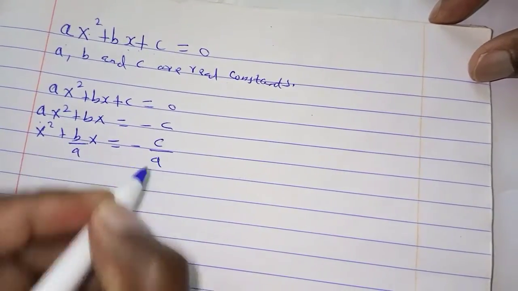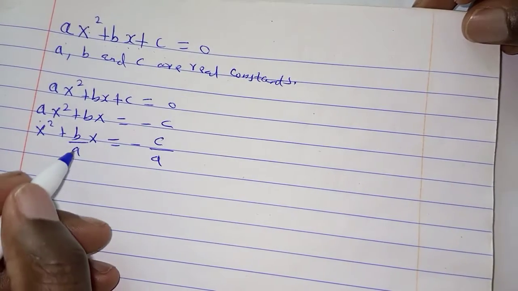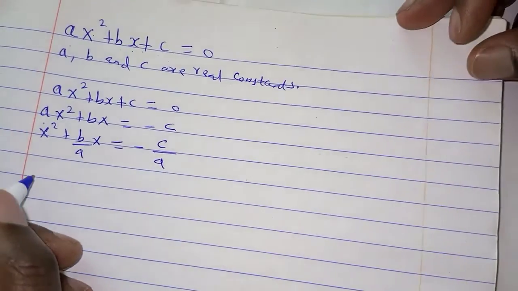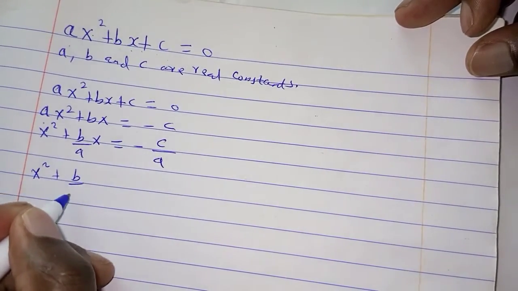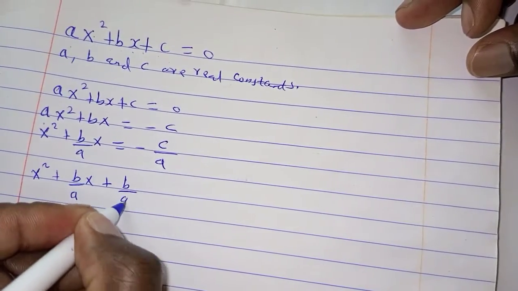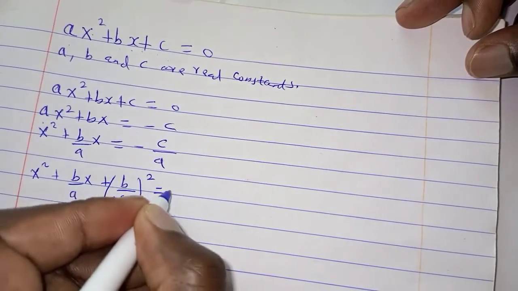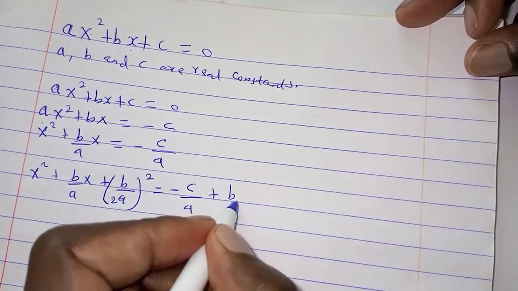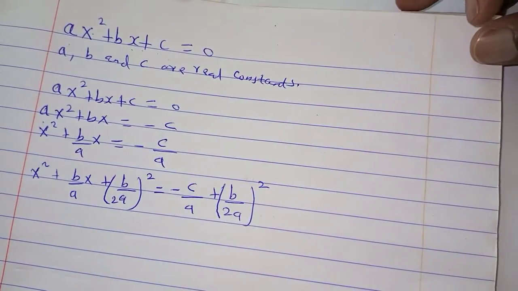c over a. Then from that, we are going to divide this part here by 2 and square it. So you are going to have x squared plus b over a x plus b over 2a squared, which is equal to minus c over a plus b over 2a, then we square this.